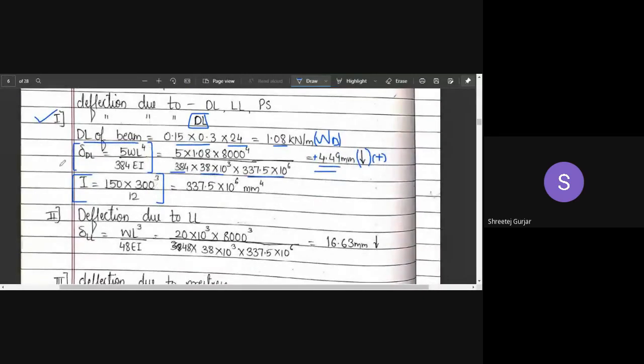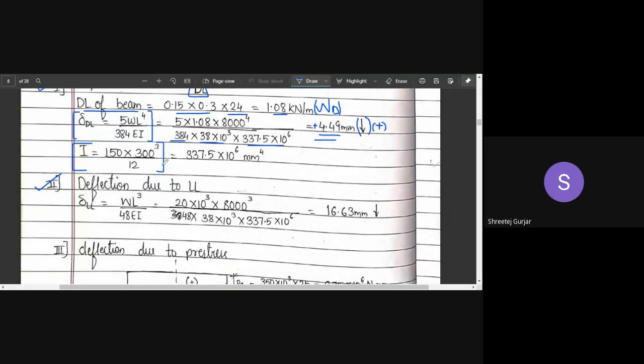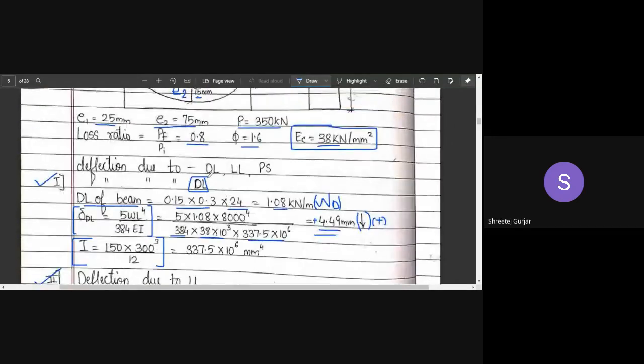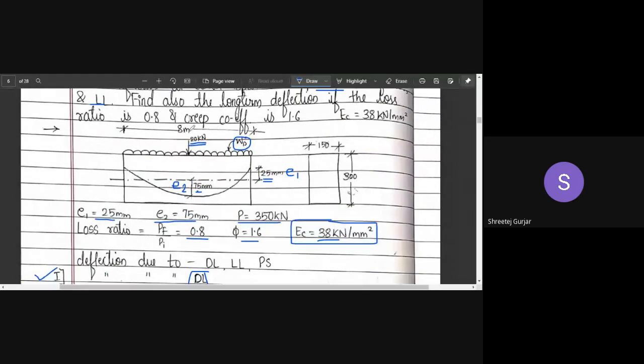Next after dead load, we have to calculate deflection due to live load. Live load is a point load acting at the center of your span, 20 kilonewton.